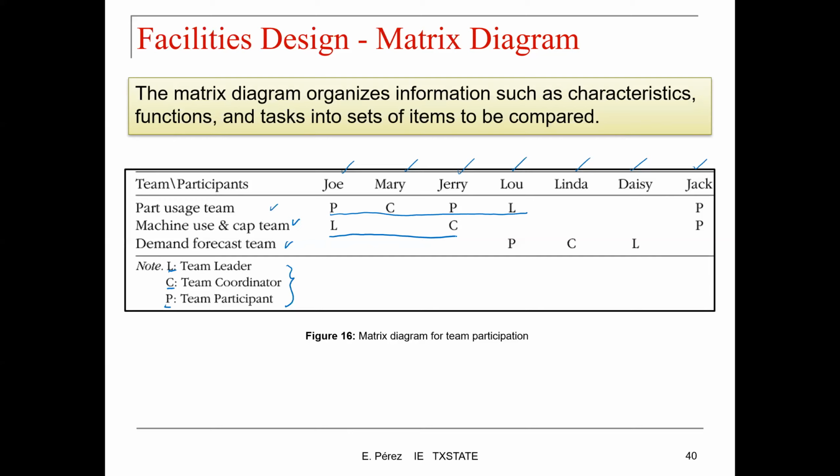And then for the demand forecasting, you have this other group, in which you have Jack, also a participant in the first 2 groups. Then you have the other 3, Lou, Linda, and Daisy, who is the leader. So the idea with this diagram is to organize the information, and then you can have a better idea of how you're using your resources.